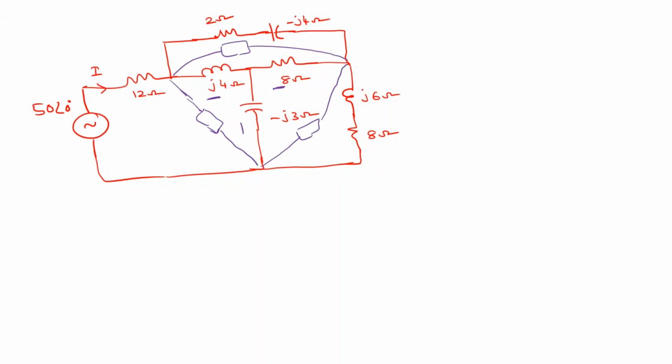So how to find out those values? Whatever star-delta conversion we are using, those same formulas will be applicable here. For example, if you have a delta connection, say this is ZA, this is ZB and ZC.